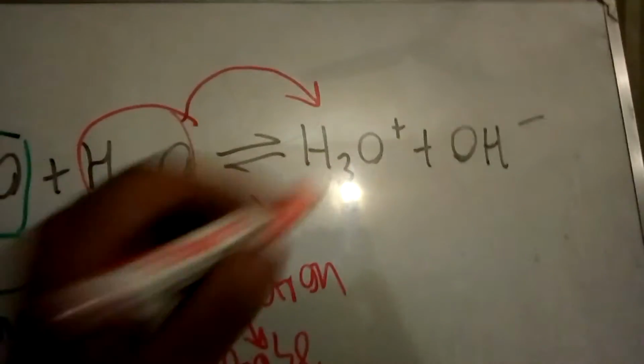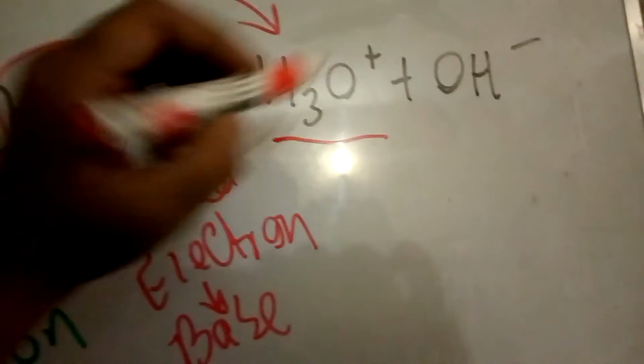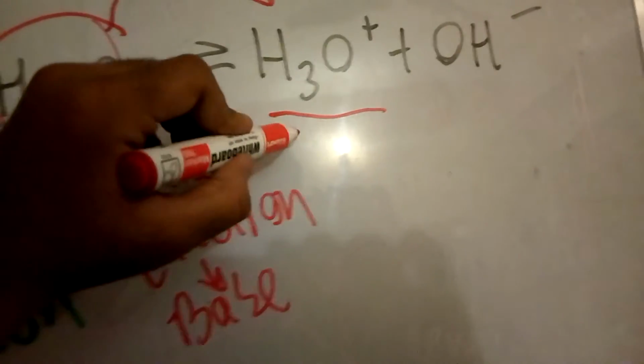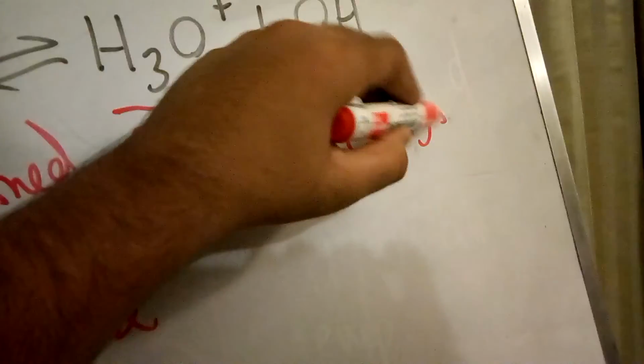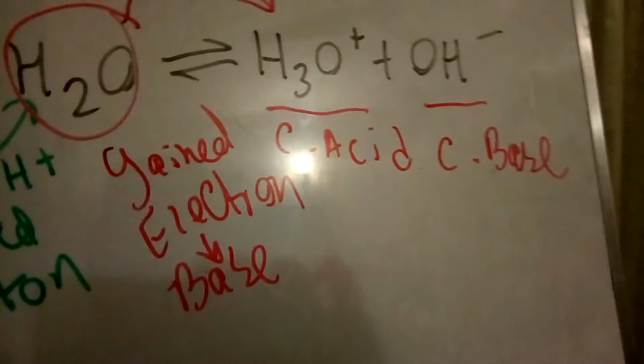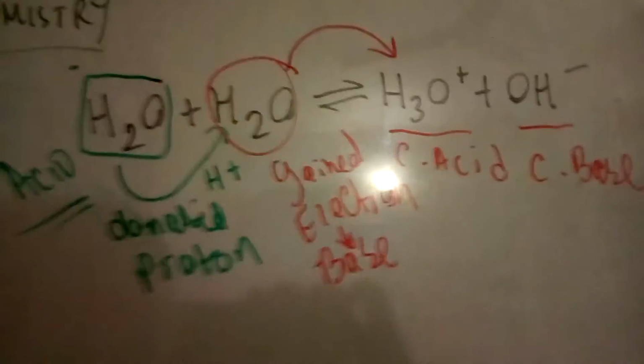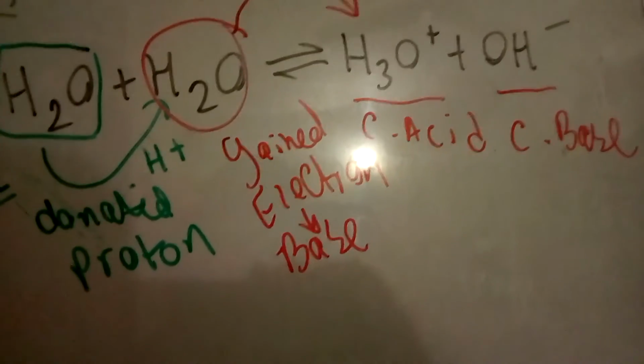And so we get our conjugate acid, which is the proton acceptor, and this is the conjugate base, which is the one which loses the proton. Alright, so we got this, I hope.